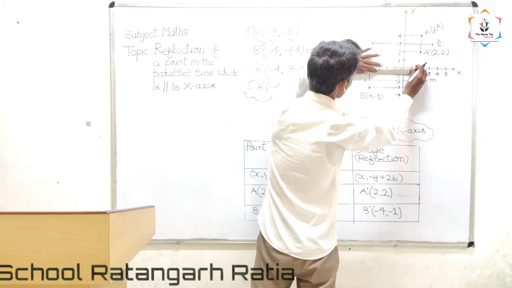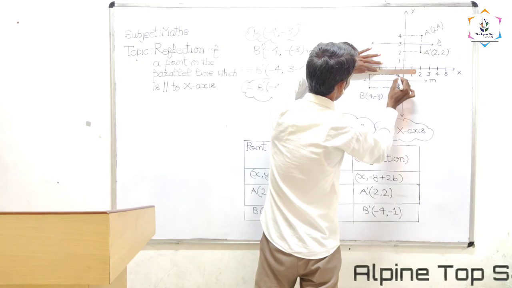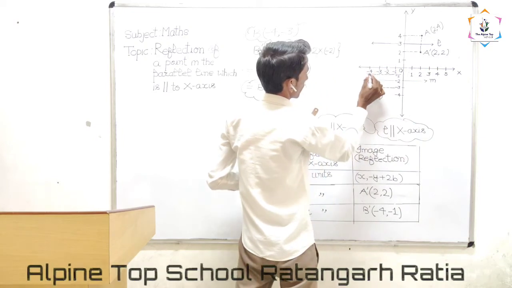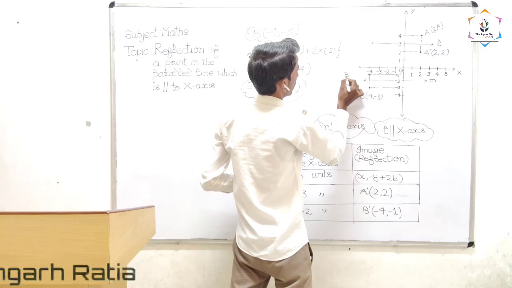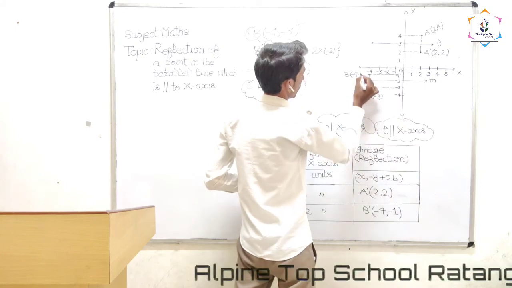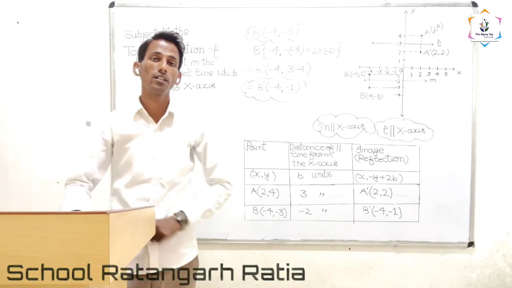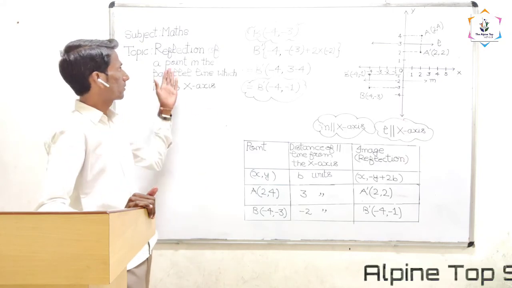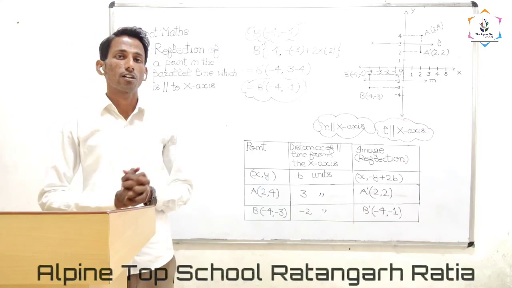I hope all students are getting what I want to teach you. So students, here I am marking B dash, whose coordinates we have got as -4, -1. I hope all the students have got full knowledge about this topic, how we can find the reflection of a particular point in a line which is parallel to the x-axis.